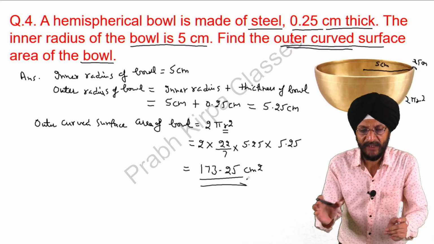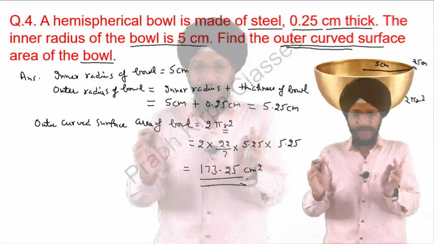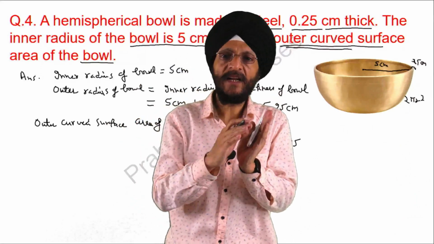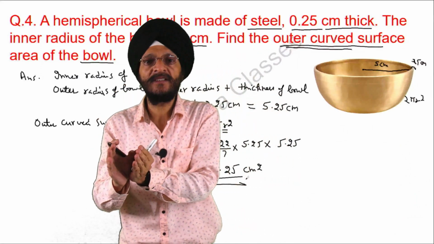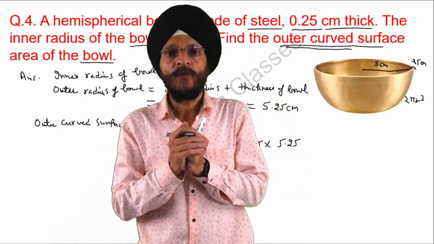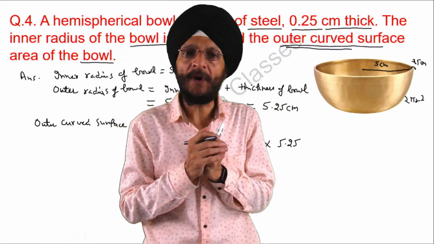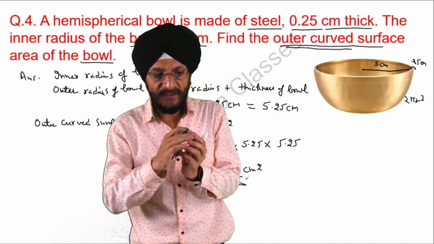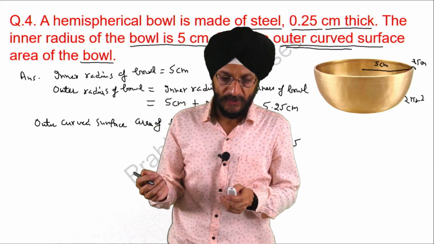Here what we have done: we were given the inner radius and the thickness of the bowl. From that we calculated the outer radius, and after arriving at the outer radius, we use the formula 2 pi r square to calculate the outer curved surface area of the bowl.